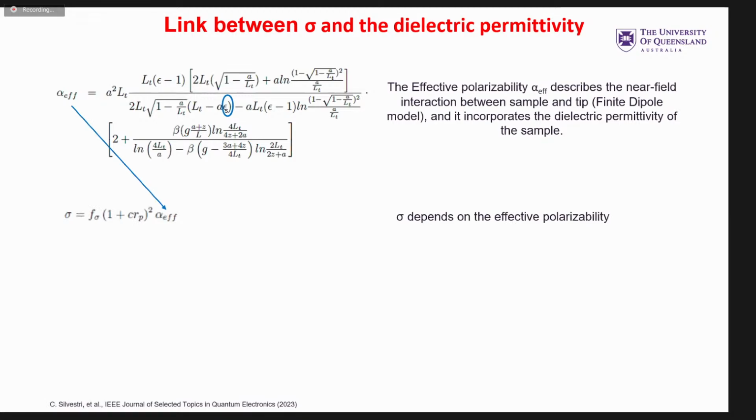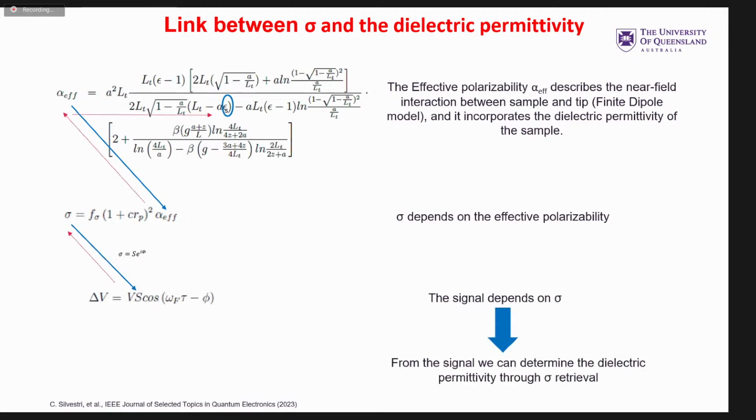Considering that the scattering coefficient is proportional to the effective polarizability, and also appears in the signal equation, in principle, by measuring the signal, it is possible to retrieve the dielectric function by walking this opposite path highlighted in red.